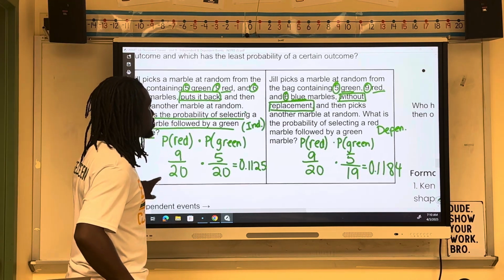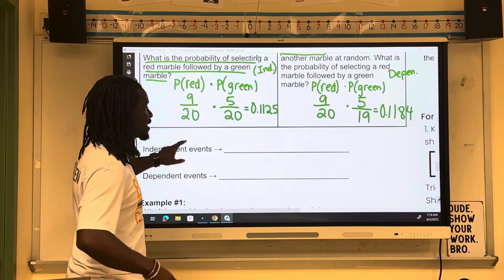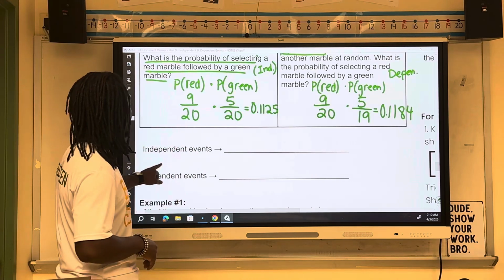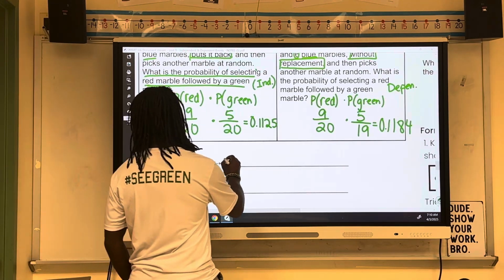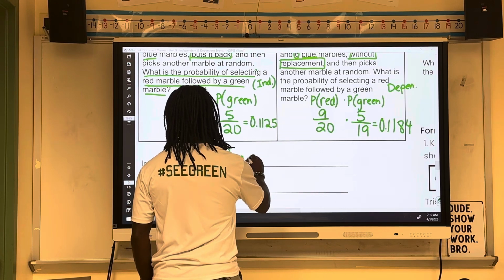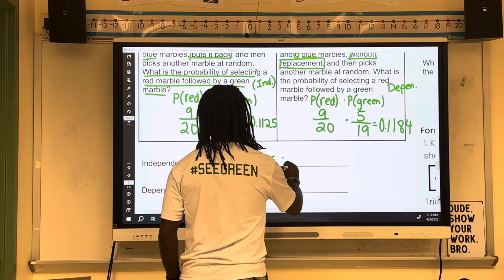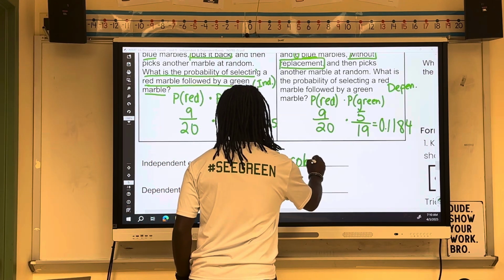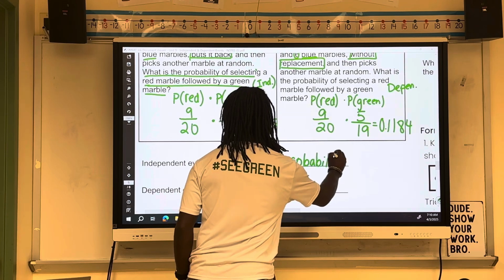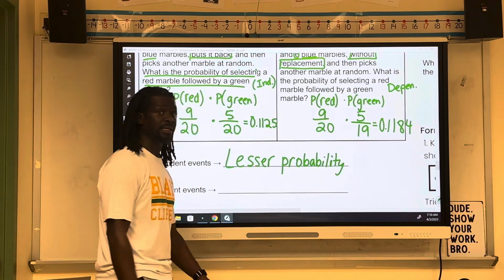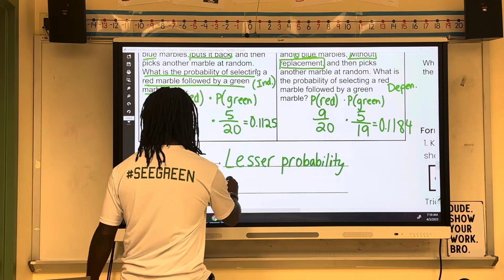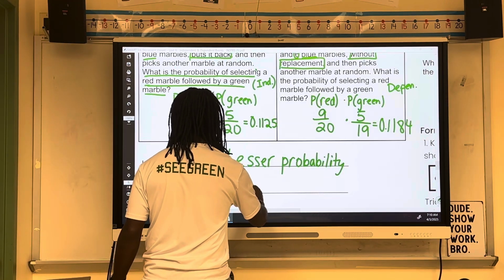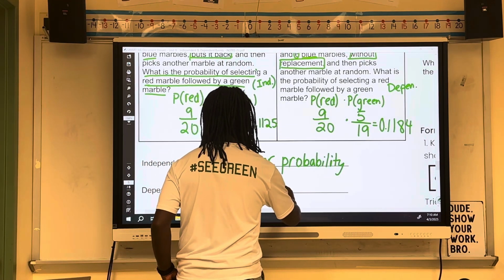But here's what I want you to see, and this is the answer to that question. When the events are independent, they are going to have a lesser probability, a lesser chance for those two events. When they are dependent, they are going to have a greater probability.